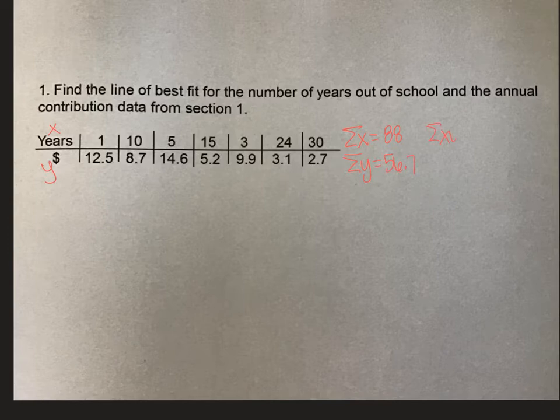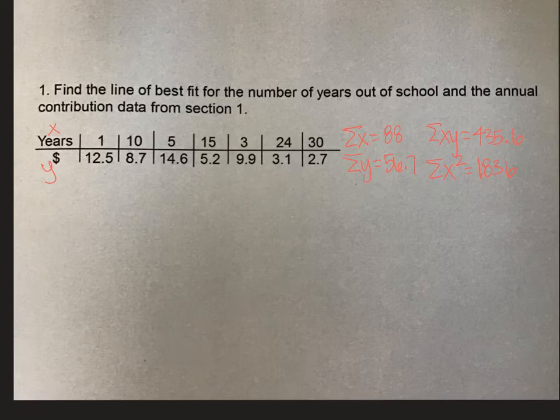The sum of x times y was 435.6. And the sum of x squared was 1,836. Now, I took those values straight out of section 1.